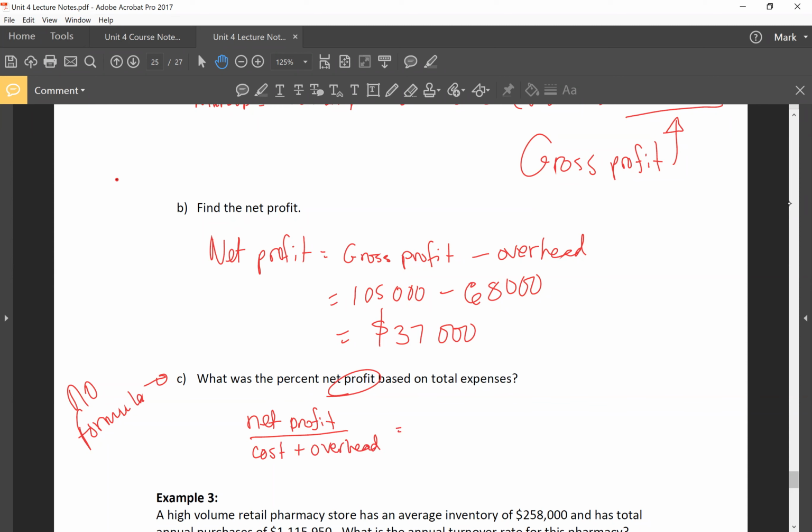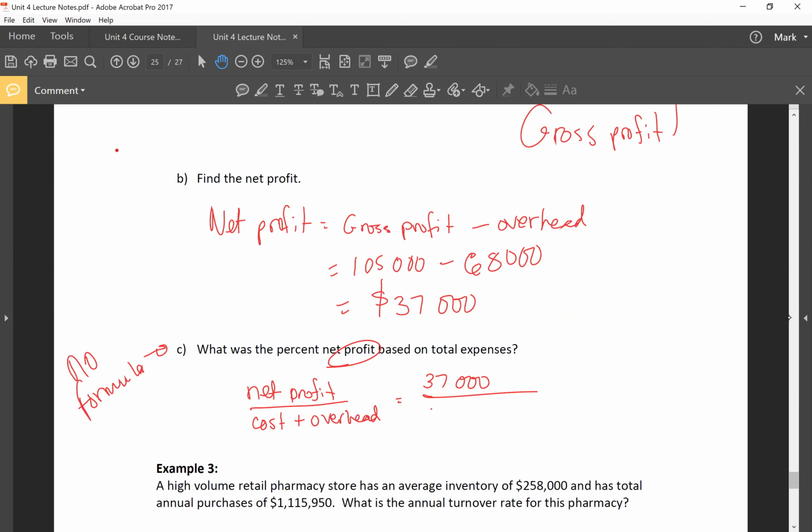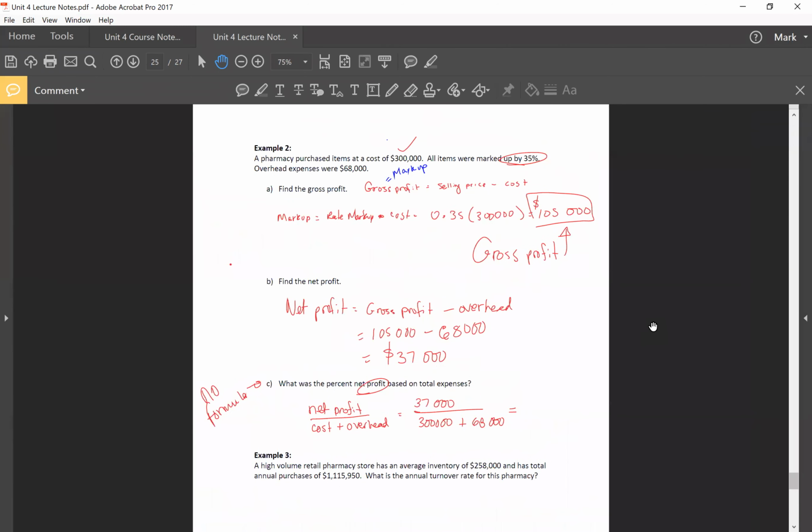So my net profit is $37,000 over my cost, which is $300,000, plus my overhead, which was $68,000, and I'll get my answer. Now, if you can't see where the 300,000 came from, it's the cost. So these two numbers that I'm circling up here on the top, this is my total expenses.